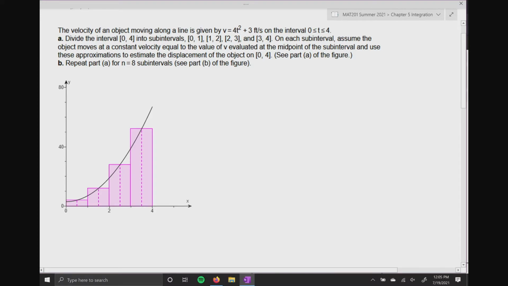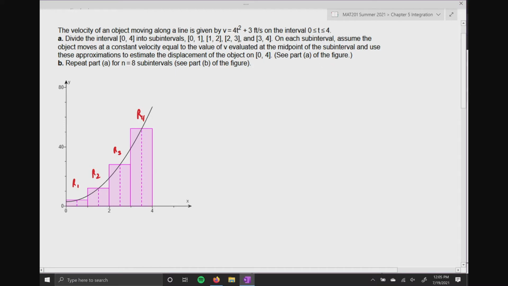So we have 4 total rectangles, and I'm just going to label them R1, R2, R3, and R4. On each subinterval, assume that the object moves at a constant velocity equal to the value of v evaluated at the midpoint of the subinterval, and use these approximations to estimate the displacement of the object on 0 to 4. Then it says to see part A of the figure. So this is part A of the figure right here.